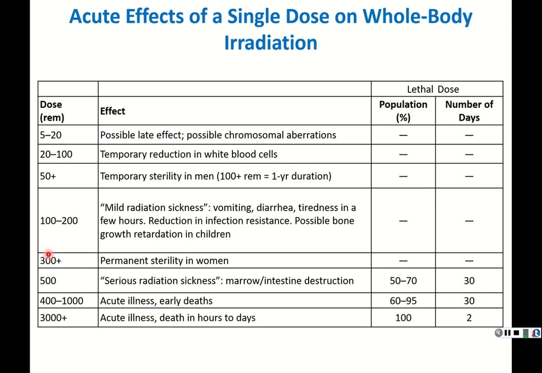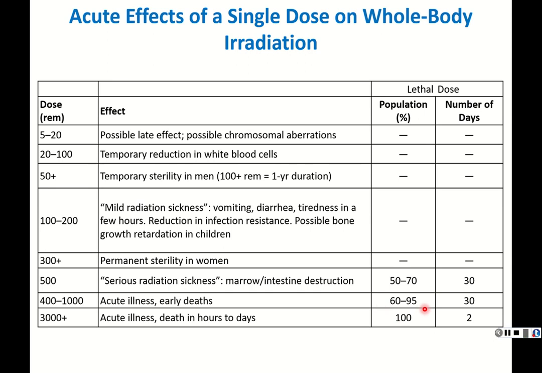300 plus, that would cause permanent sterility in women. 500 would be serious radiation sickness, and this is where we get into how lethal the dose would be. It's estimated that with a 500 rem dose, about 50 to 70% of the population would die, and the number of days that would take would be about 30. 400 to 1,000, that's where you get acute illness with some early deaths.